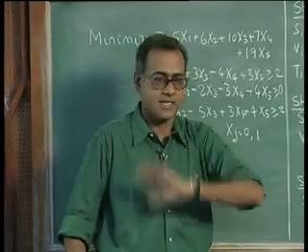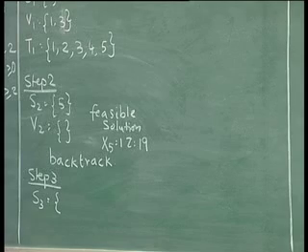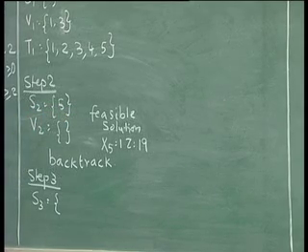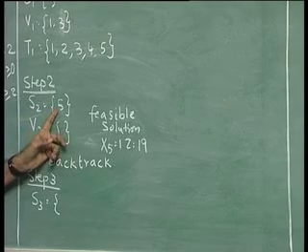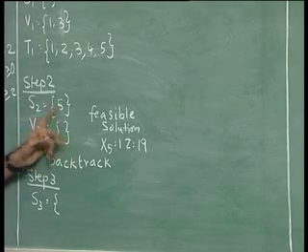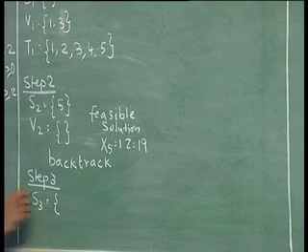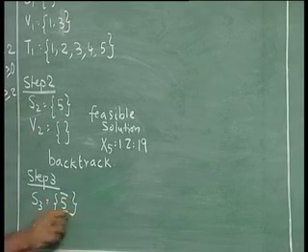That bar thing I will explain immediately. Right now 5 does not have a bar. So I have a 5, so 5 is the only candidate and that is the candidate on which I have to backtrack. And when I backtrack, what I do is I write this 5 as 5 bar.